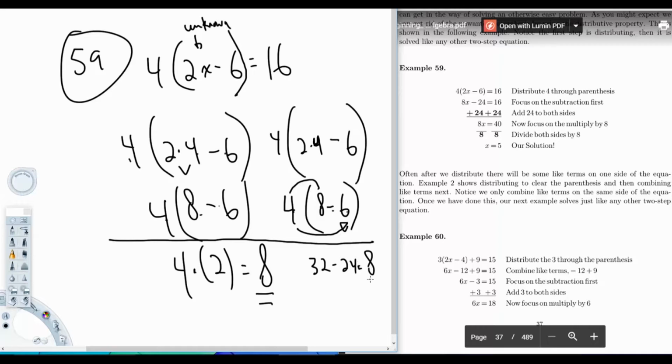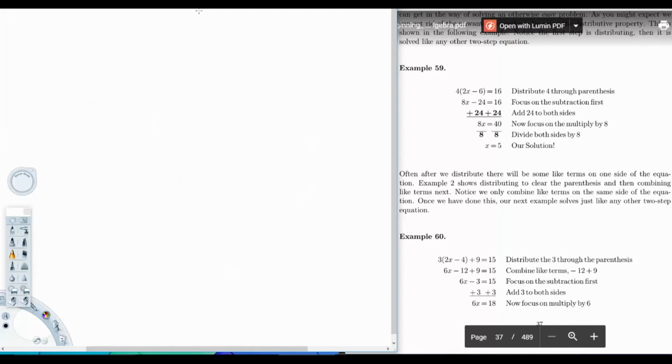That equals 8. You see it works. And I could put any number here. It'll always work. This side will always be equal to this side. So now let's do the problem. That's called the distributive property.